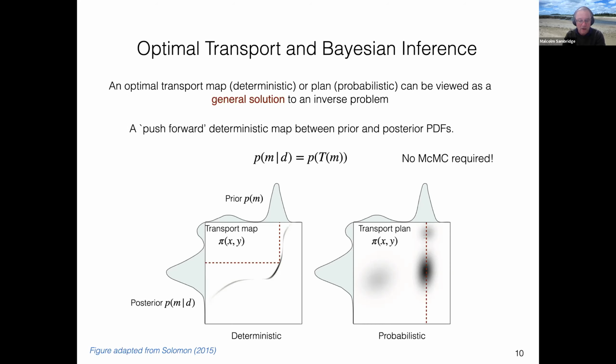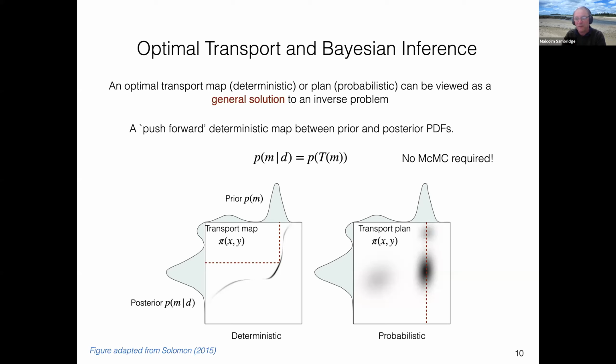Now, the figure below is adapted from Solomon, again, 2015, but it's the work of Kantorovich, who showed that the transport map that I'm talking about is on the left-hand side. If we put our prior or any probability distribution on the top and the posterior on the left, one can think of this problem as finding the distribution in the box where the marginal is the prior at the top and the marginal on the left is the posterior.